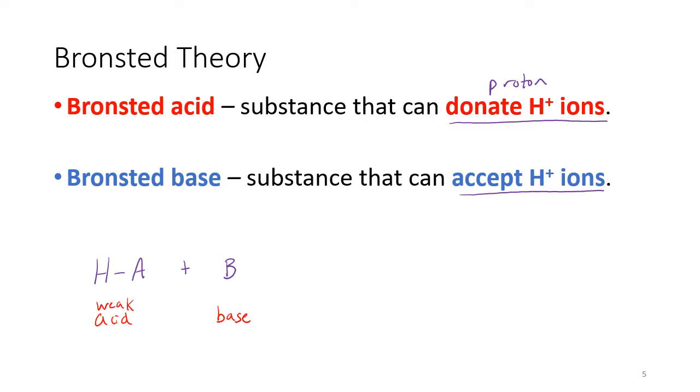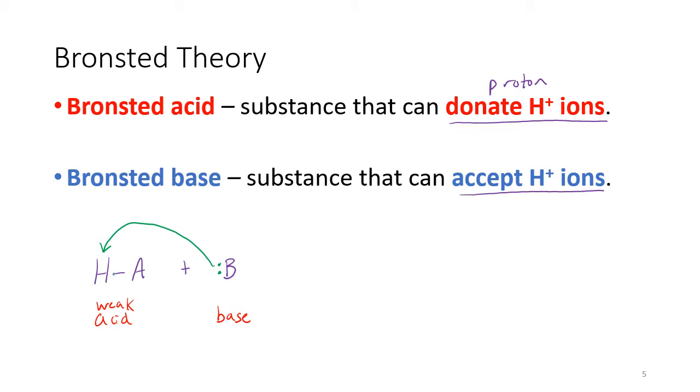Our base has to contain some lone pair of electrons on it to be able to accept a proton from our weak acid HA. So imagine that your base uses its lone pair of electrons to grab that hydrogen ion from the acid. And when it grabs that hydrogen ion, it doesn't take any electrons with it because it's taking H+.